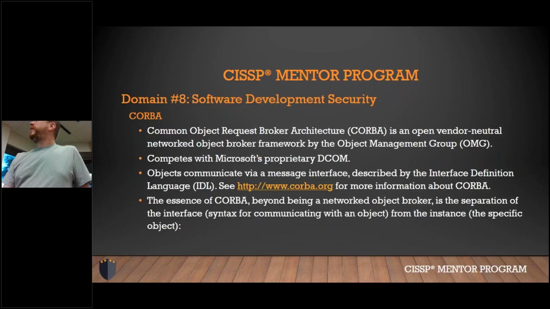What do these look like? CORBA, Common Object Request Broker Architecture, an open, vendor-neutral network object broker framework. So CORBA is the open version and competes with proprietary DCOM. Same basic functionality, which is open versus proprietary.